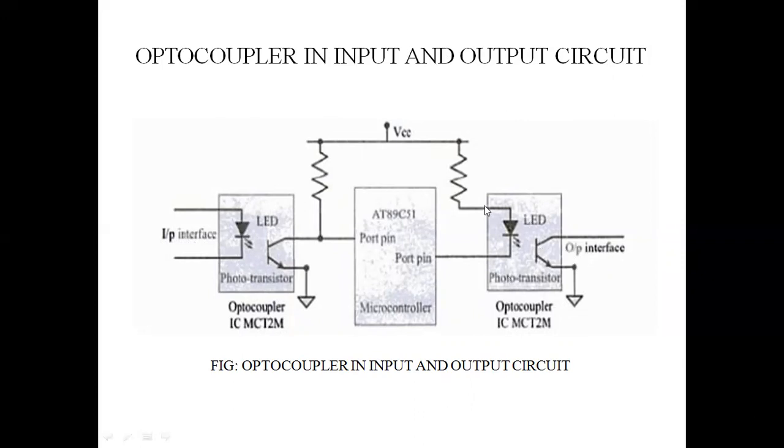There is not much explanation about this optocoupler input and output circuit, so this is what they have mentioned. These optocouplers are obtained through ICs. There is an inbuilt IC where we get the optocoupler input and output circuit.